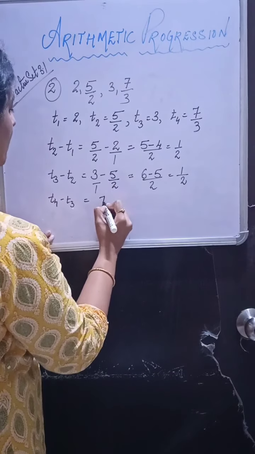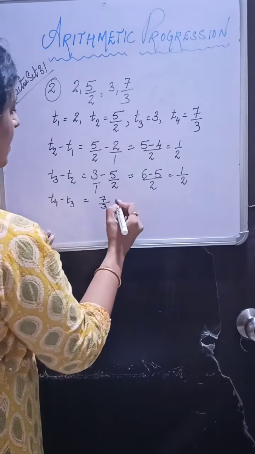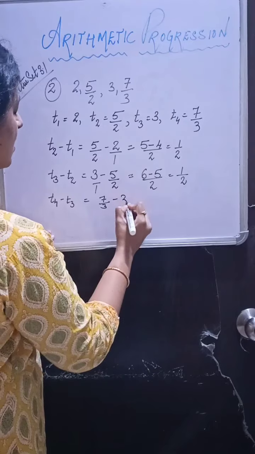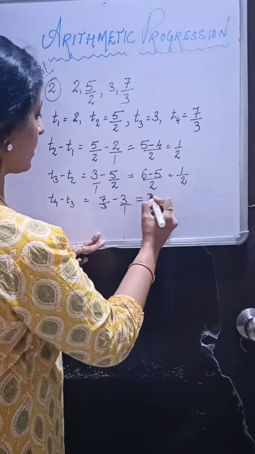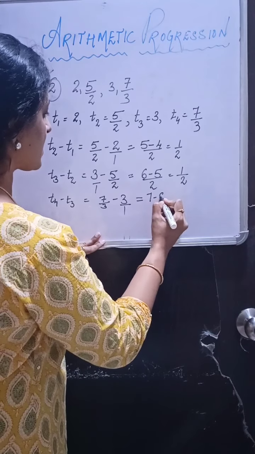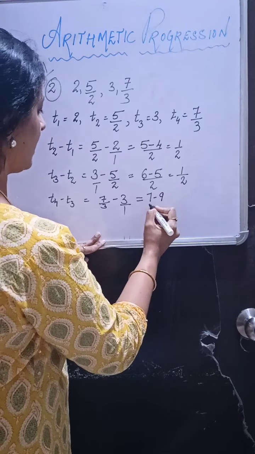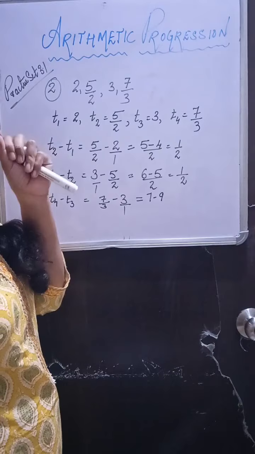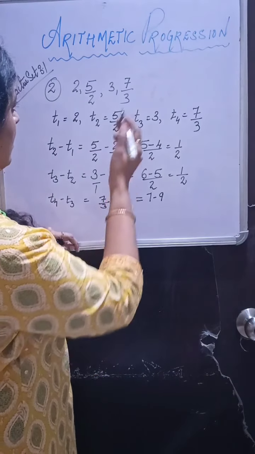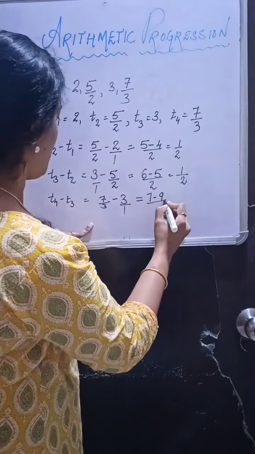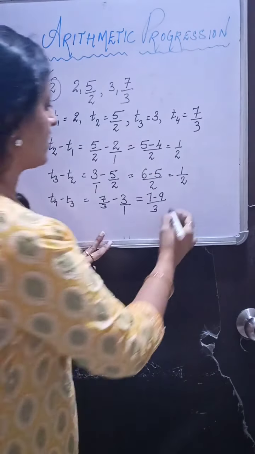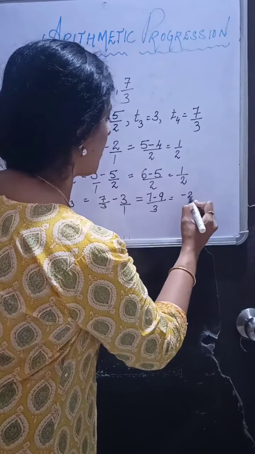T4 is 7 upon 3, minus T3, which is 3, meaning the denominator is 1. Cross multiply: 7 minus 9 upon 3, which is equal to minus 2 upon 3.